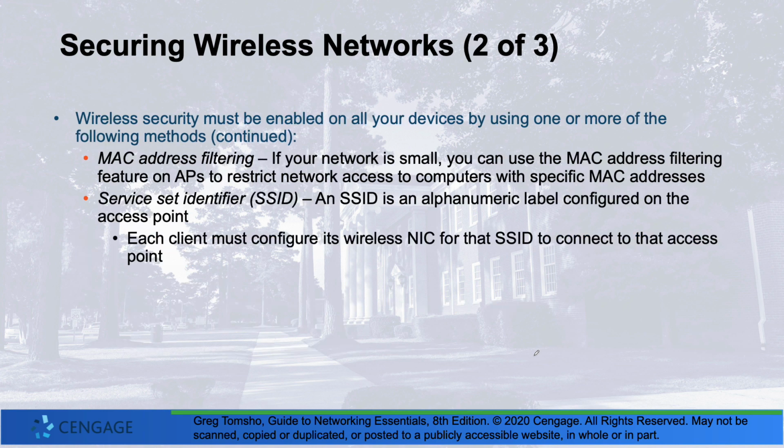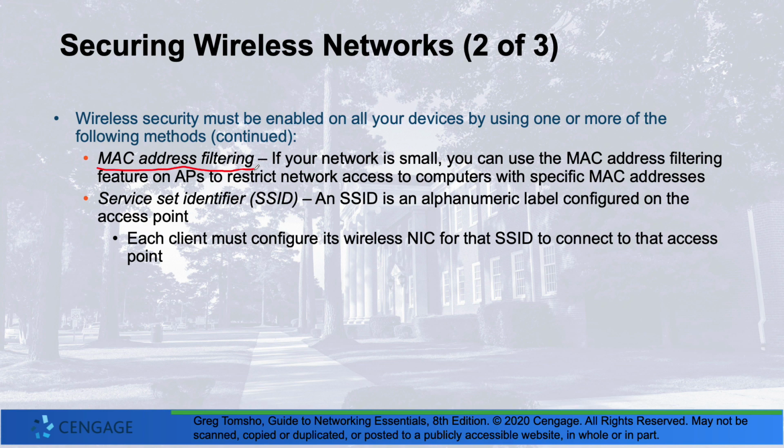Wireless security must be enabled on all your devices using the following methods, continued. MAC address filtering. That's for smaller networks. So with MAC address filtering, you turn on that feature, it'll only allow known computers to log into your wireless network. And when I say known computers, I mean computers whose MAC addresses are contained within its access list.